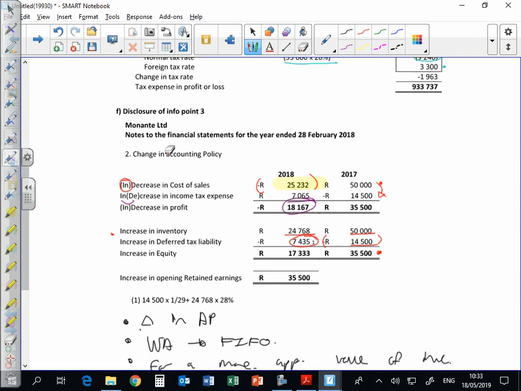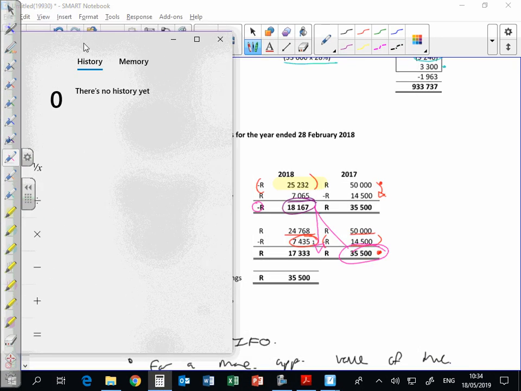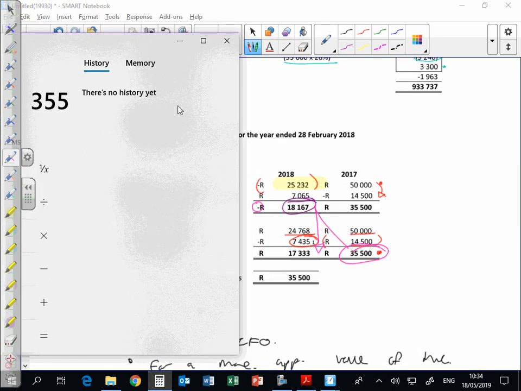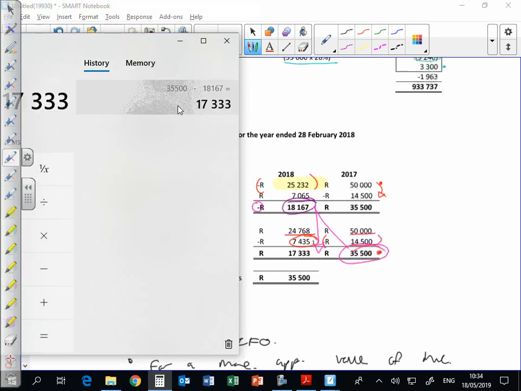Right, in terms of our rule, we said we go from 35,500 plus the 18,000, or minus in this case, should get us to our 17,300. I'm quickly going to show you guys that. 35,500 minus 18,167. That gets us to our 17,333.